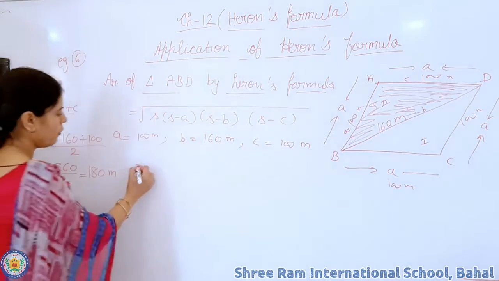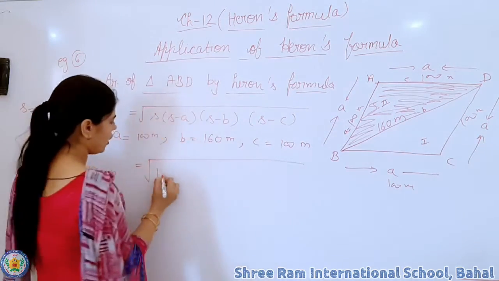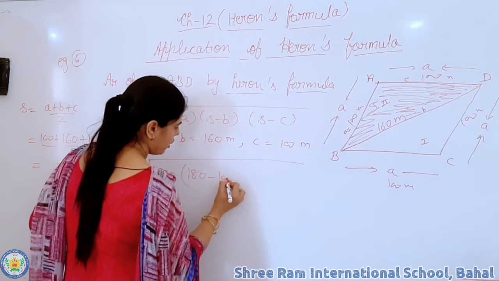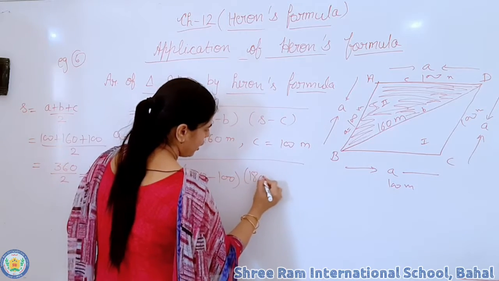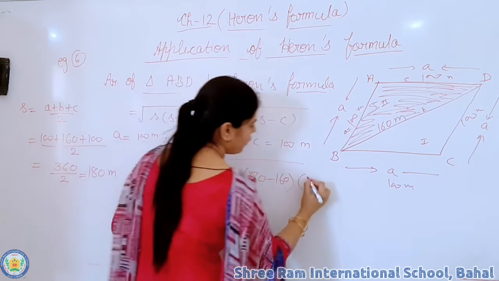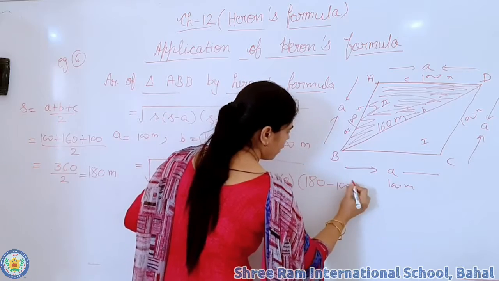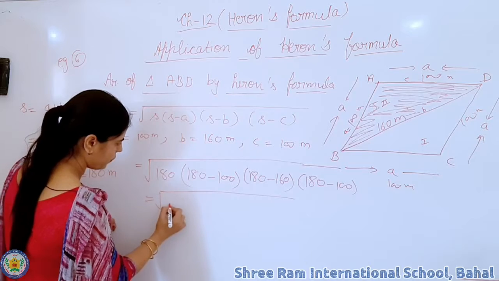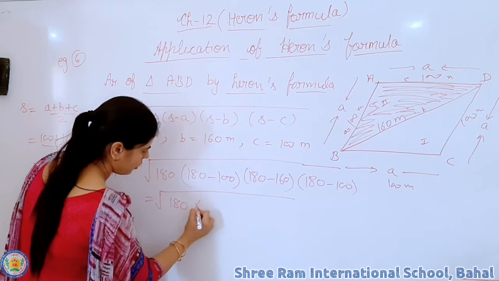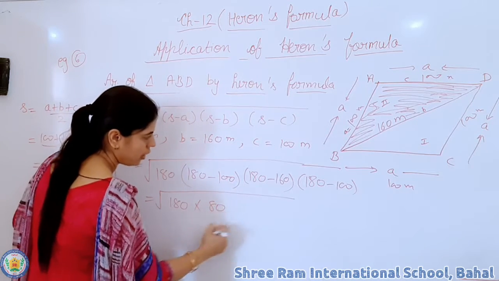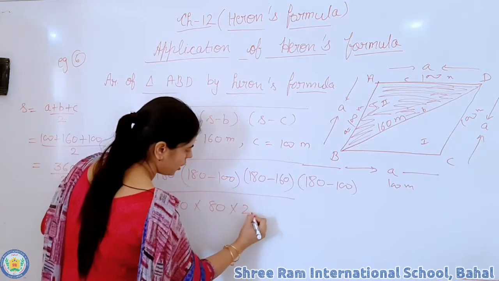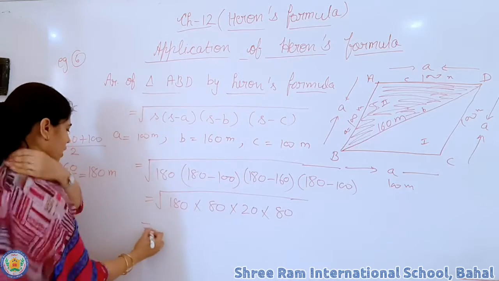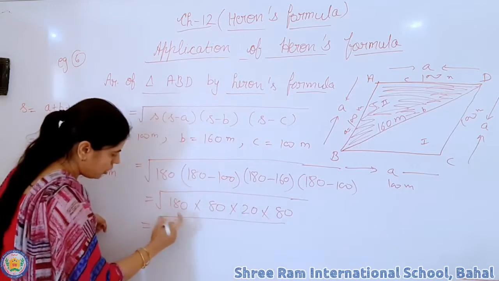Put the value here. We get 180 into 180 minus 100, 180 minus 160 and 180 minus again 100. We get 180 into 80 into 20 into 80. Now break it, make the factors.